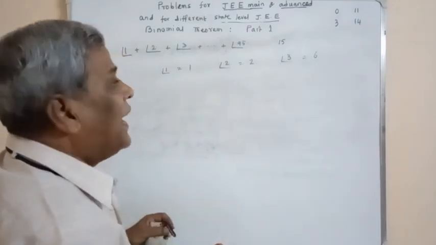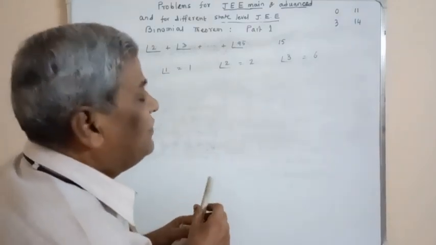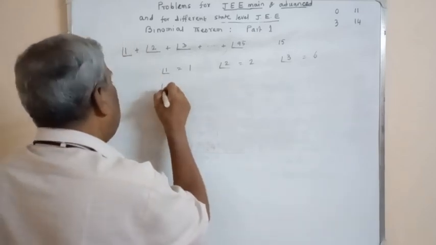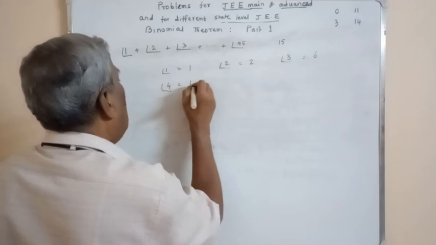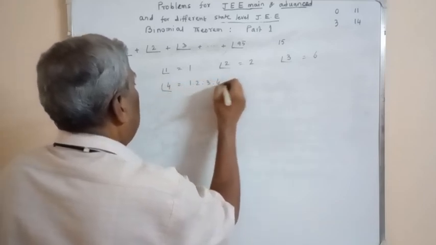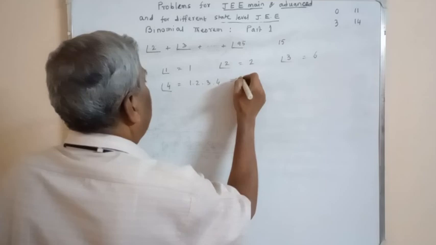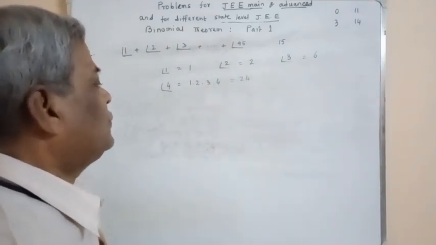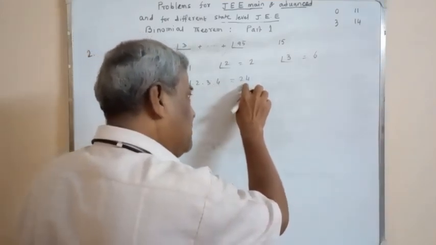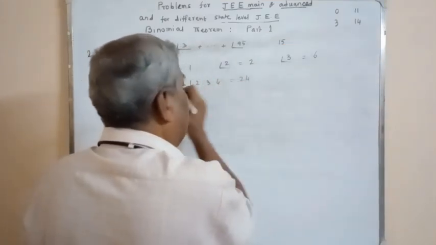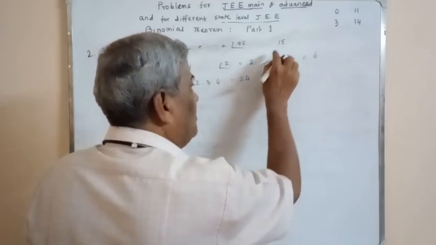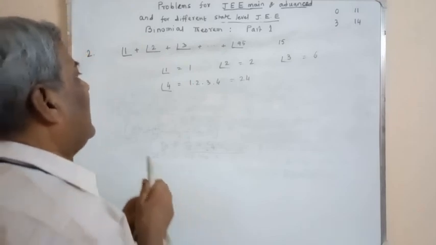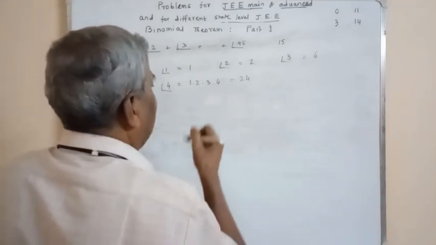None of them is divisible by 15, because they are far less than 15. Now factorial 4 is equal to 1, 2, 3, 4, 12, 24. It is more than 15. So when this is divided by 15, 9 is the remainder.